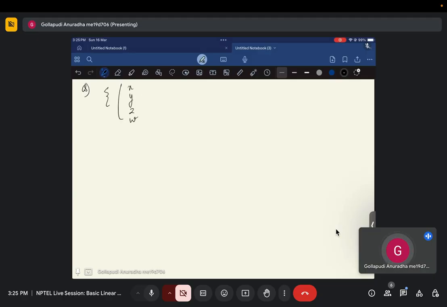So let's take up simple questions like this so that we'll get used to the concepts at least in the starting. Okay, so is this one a vector space or not?